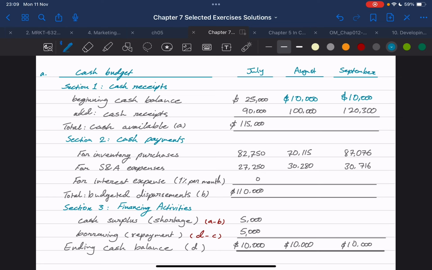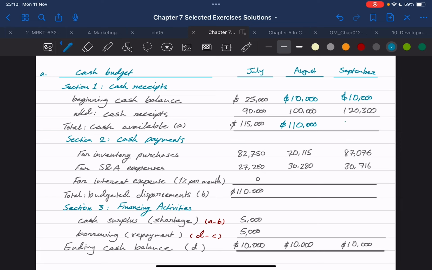Because now for each of the 2 months, I already have the beginning cash balance and the cash receipts, I can calculate the total cash available. Okay, so for the month of August, 10,000 plus 100,000, that is going to be $110,000. For the month of September, 10,000 beginning cash balance plus cash receipts of 120,300.